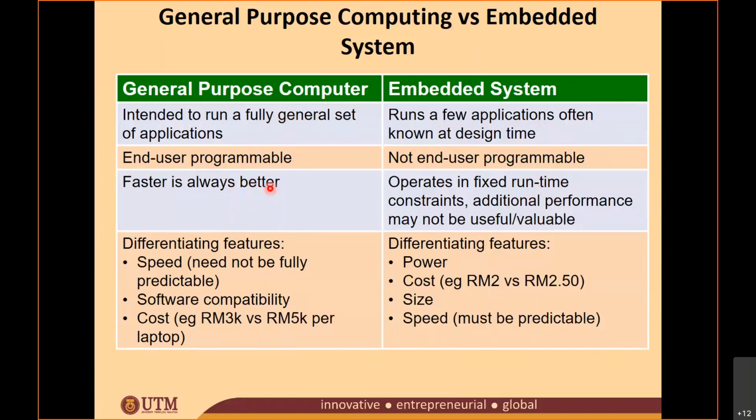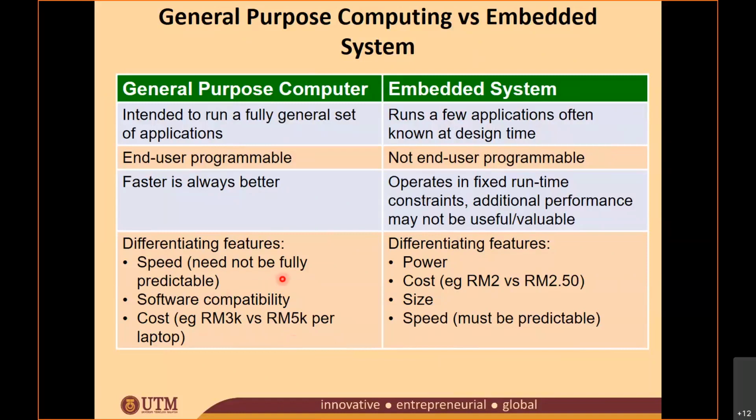So how to differentiate between one computer to another computer? In terms of the speed. Contohlah laptop A, the processor is 4 GHz. Laptop B, the processor is 4 GHz, but it's a quadruple microprocessor.